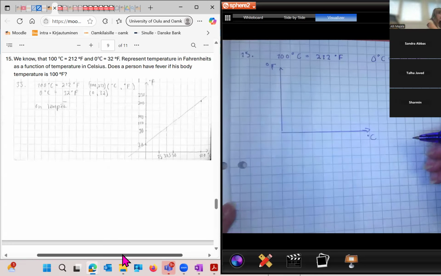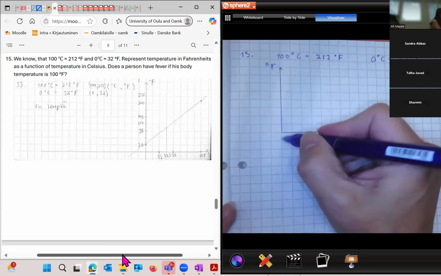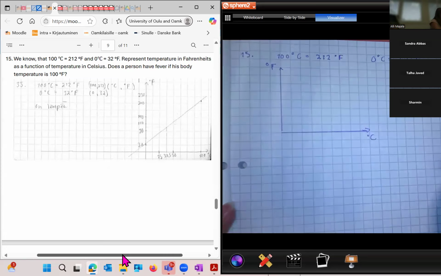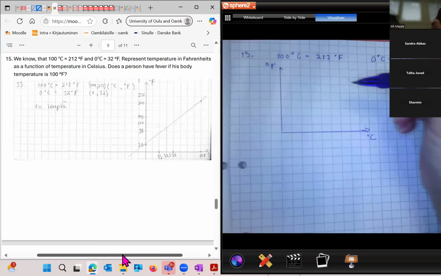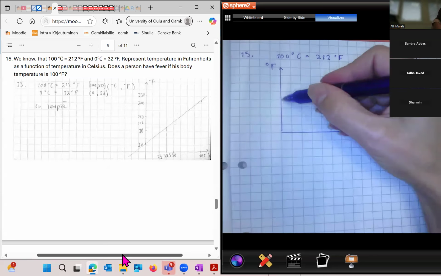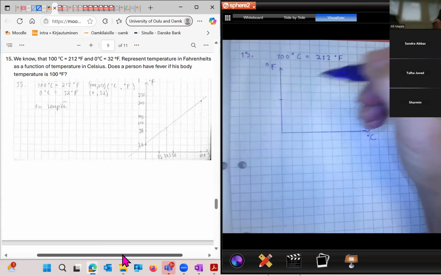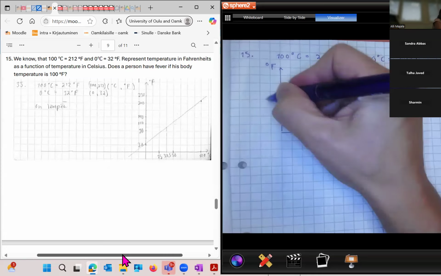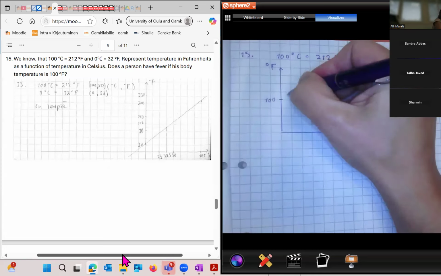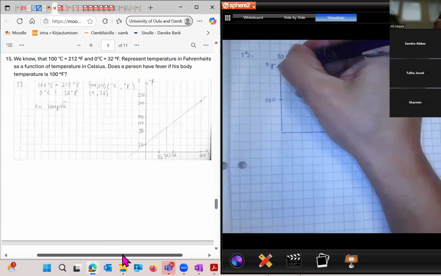So if I have 0 Celsius, I put 32 Fahrenheit, so I have to do some kind of division that makes sense. And I have to go to 212, so maybe I would do here 100 and here 200, for example. Oh, but well, okay, it sort of fits, almost.